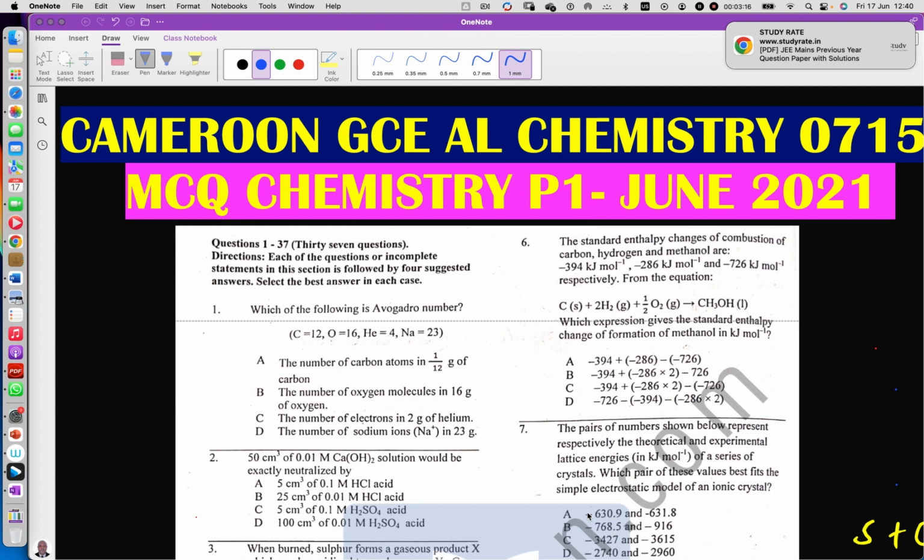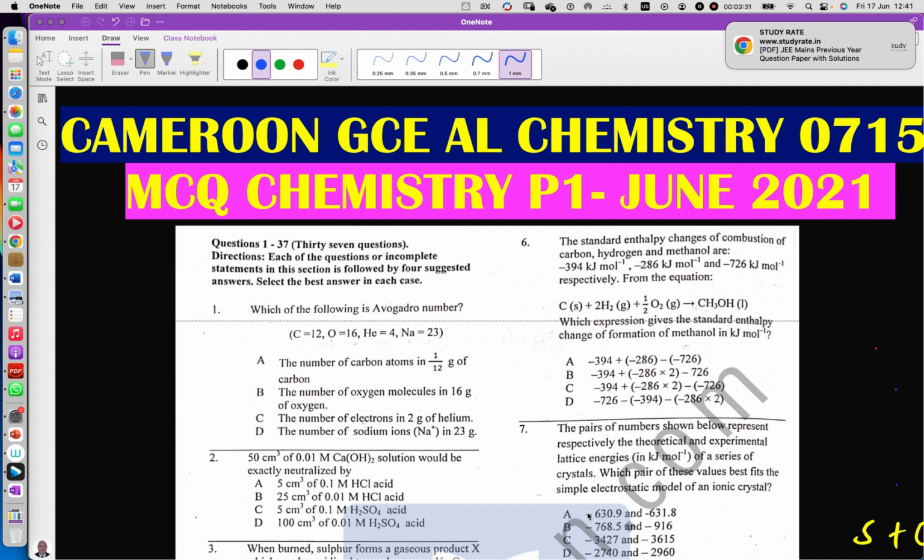So 1 mole of oxygen molecule is supposed to be 32 gram, not 16 gram. So B is not right.